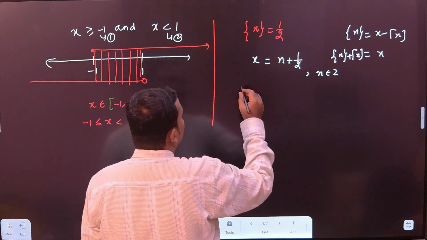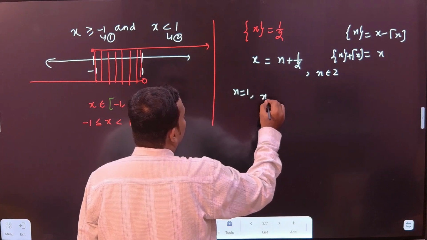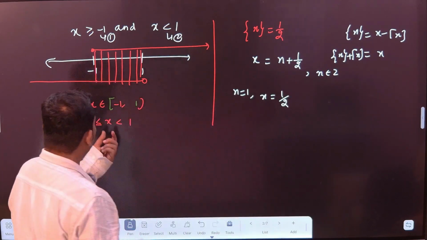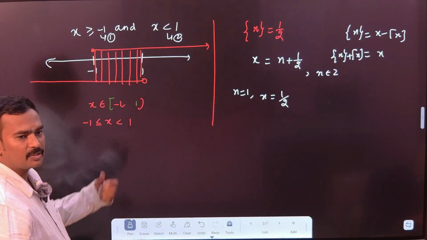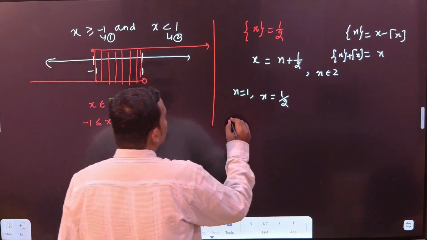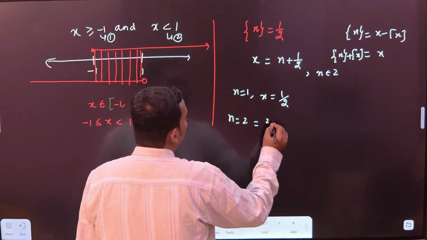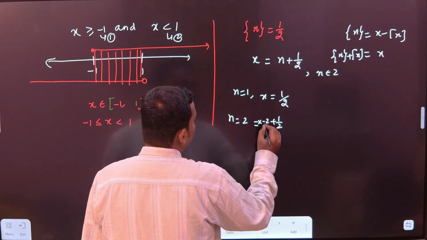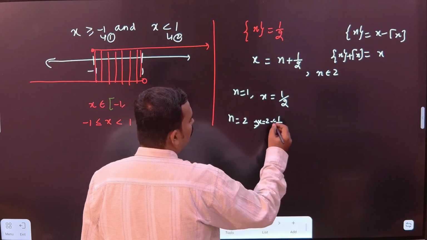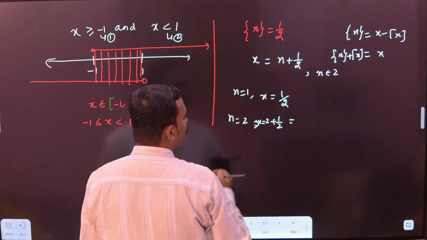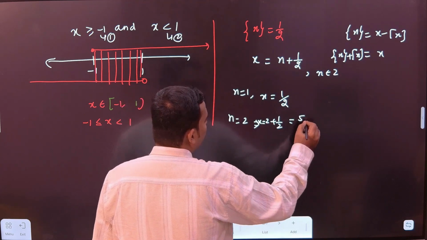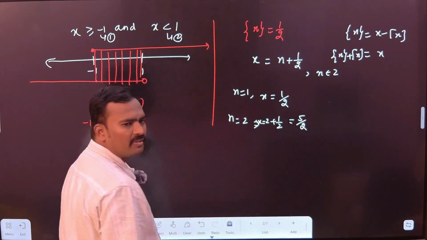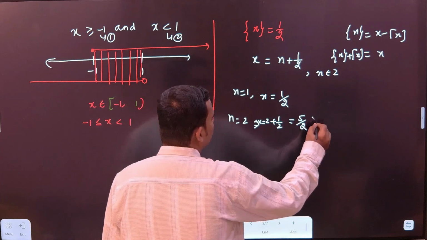How to find the common solutions here? Let us take n equal to 1, x equal to 1 by 2. Within -1 to 1 only is possible. Let us take n equal to 2: 2 plus 1 by 2, x is equal to 5 by 2, that is 2.5, more than 1. This is not possible.